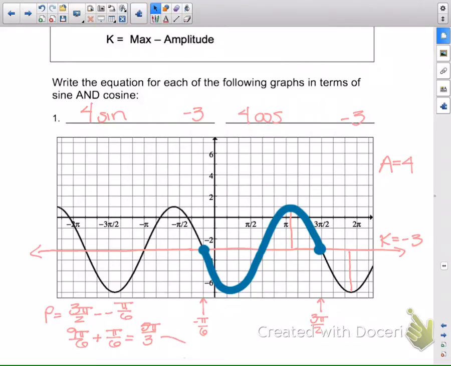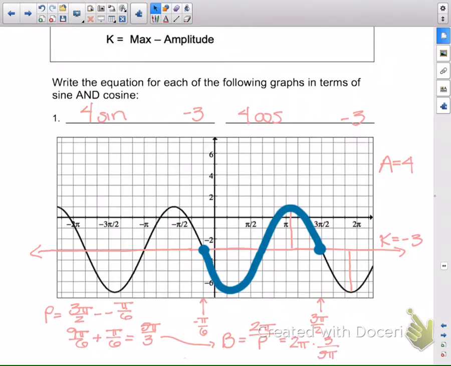Now, once you have the period of the function, this is not your b value. You need to use it to find your b value. To find your b value, you do 2 pi over the period or multiply by the reciprocal. So in this case, what am I going to do? 2 pi times what? 3 over 5 pi.